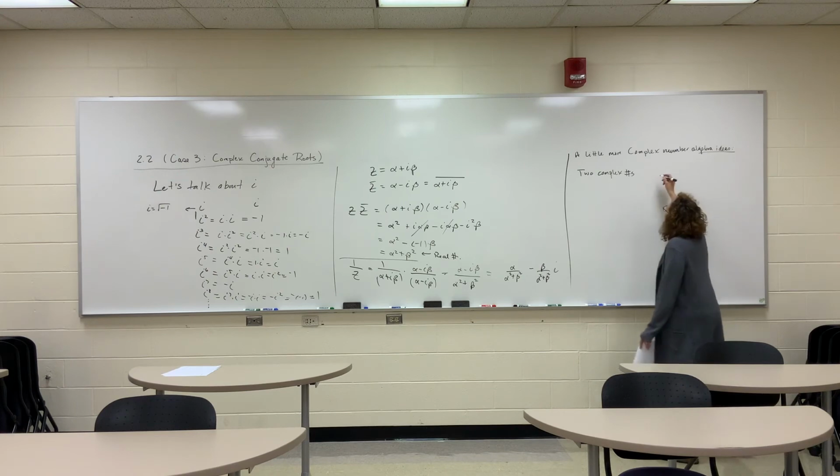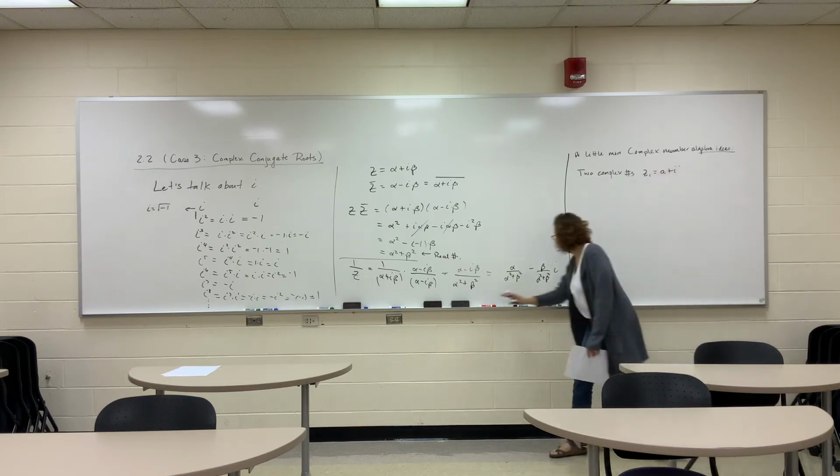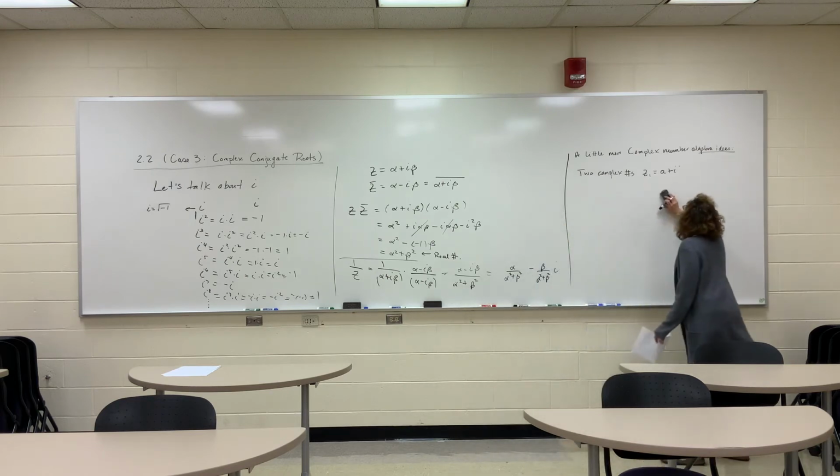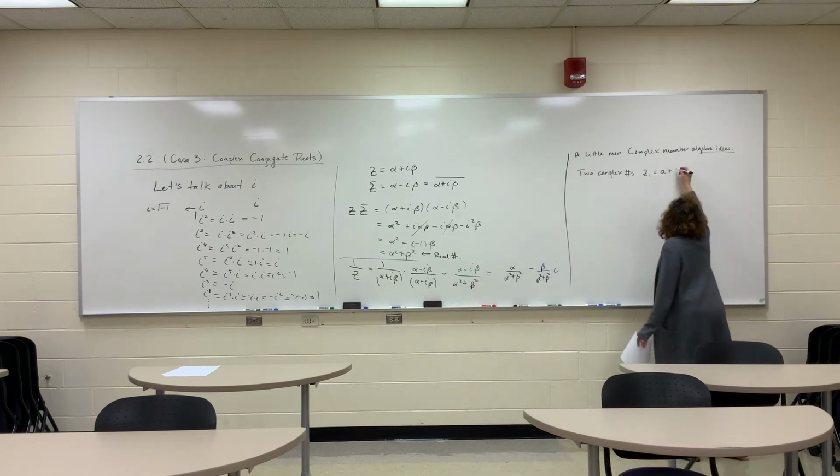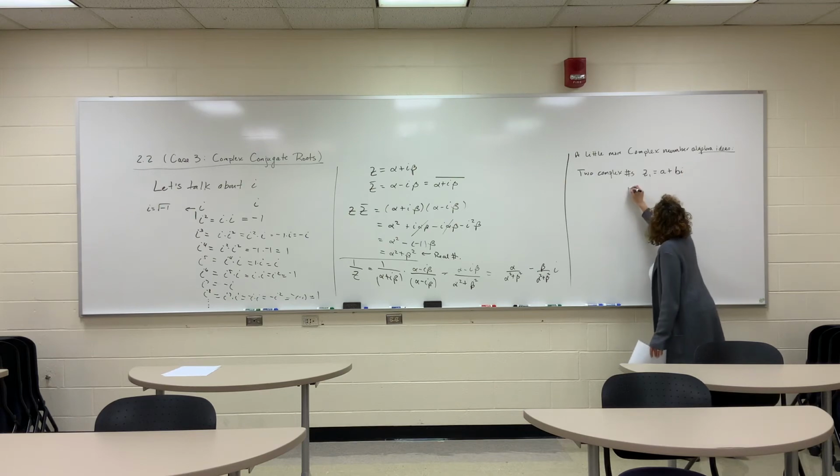Let's make that simpler. Two complex numbers, let's say Z1 is A plus BI, and Z2 is C plus DI.